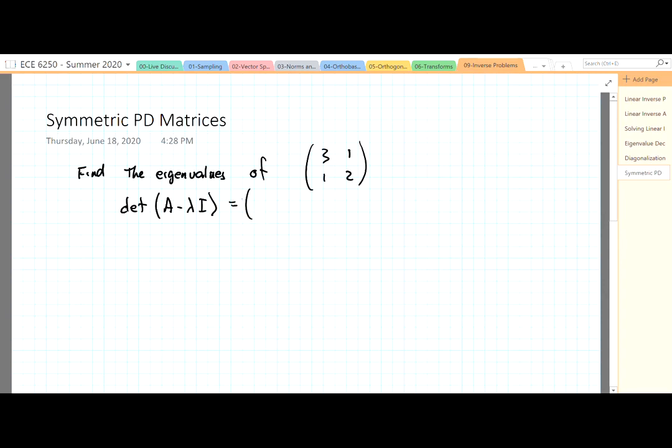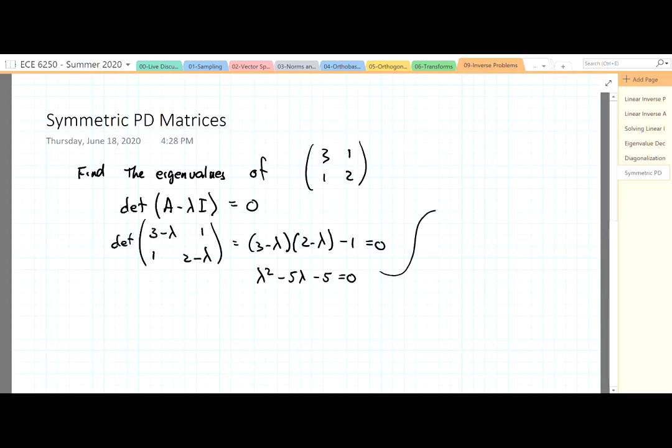That's going to be the determinant of 3 minus lambda, 1, 1, 2 minus lambda, which is equal to 3 minus lambda times 2 minus lambda, minus 1 equals 0, and that simplifies to lambda squared minus 5 lambda plus 6 minus 1, so plus 5, is equal to 0.